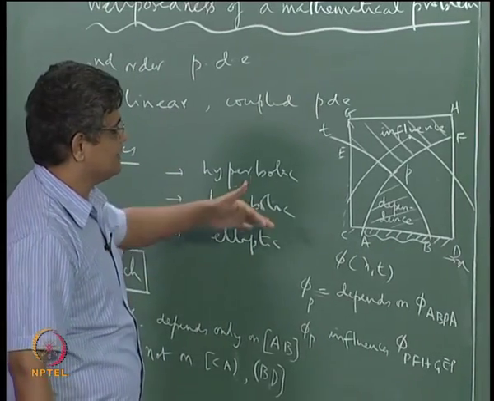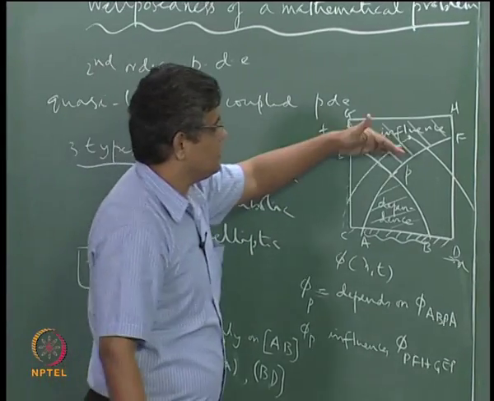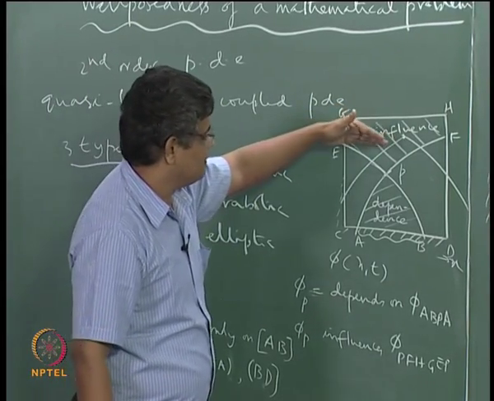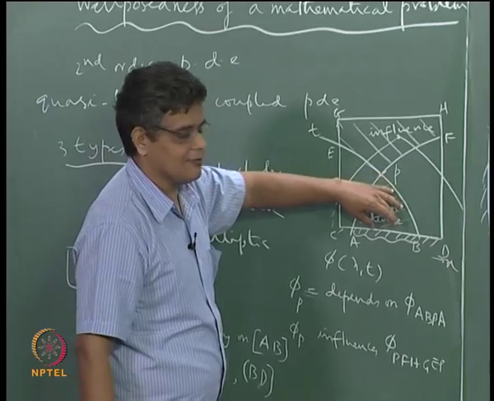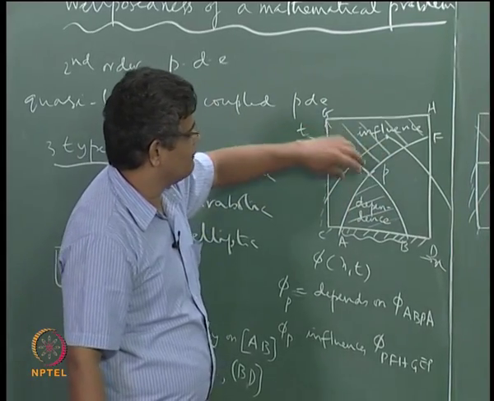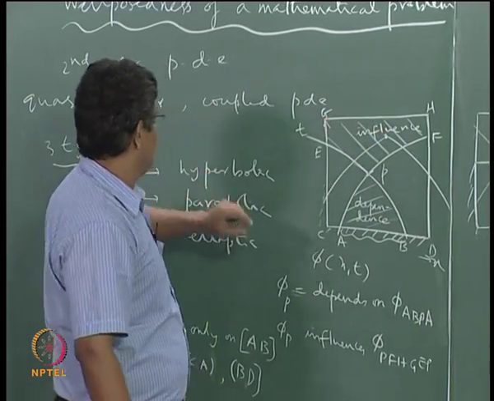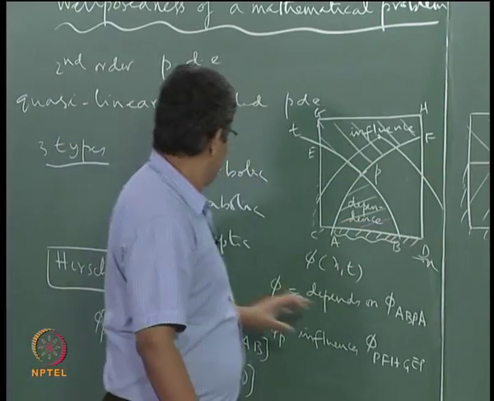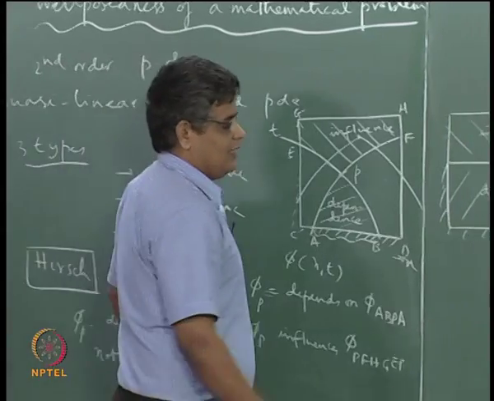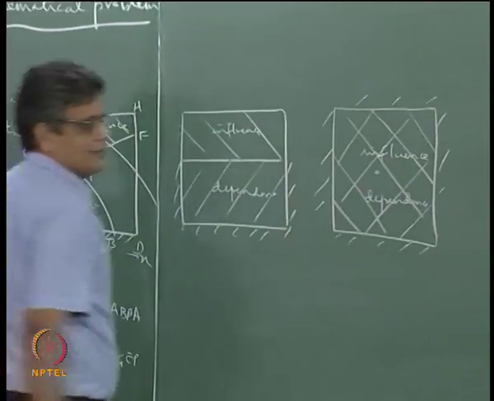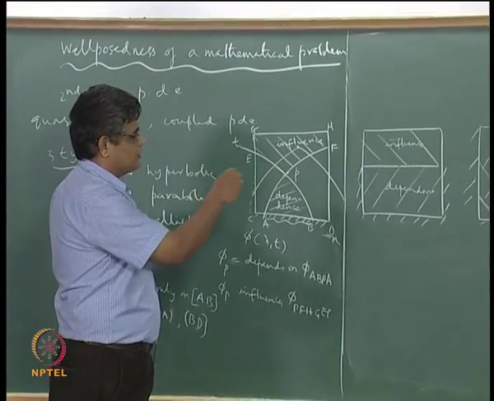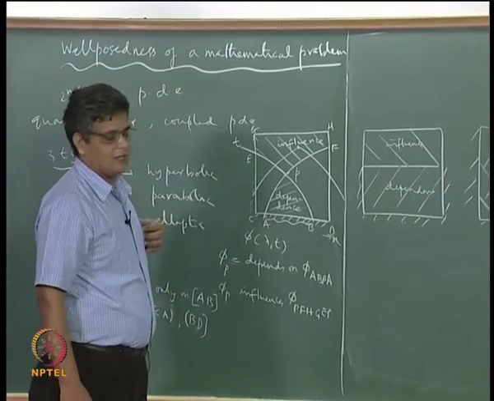Okay, so in that sense, depending on where you are within the solution domain, you may have only part of the initial condition or part of the boundary condition influencing the solution value if the problem is hyperbolic or parabolic, whereas in the case of an elliptic problem the entire boundary condition will be influencing and also the solution value depends on it.